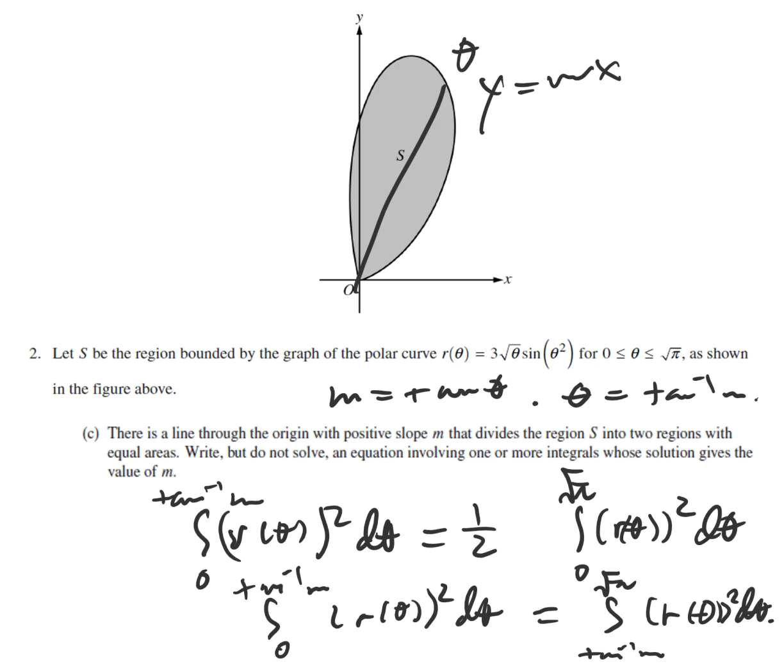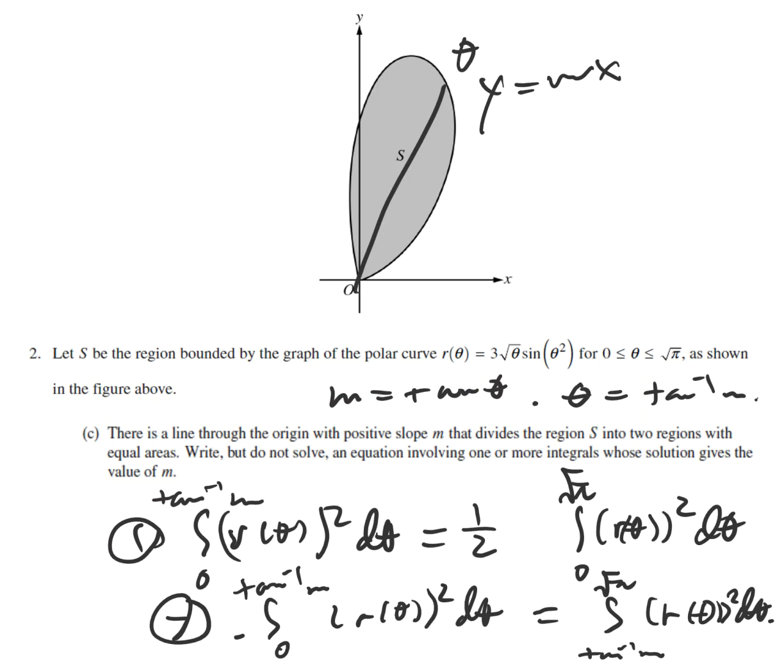Well, because the area for both is 1/2 the integral of r squared d theta, I'm just going to ignore the 1/2 on both sides. So this will be the first way. The second way of expressing the solution that gives the value of m.